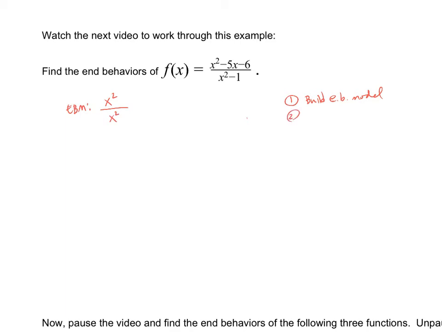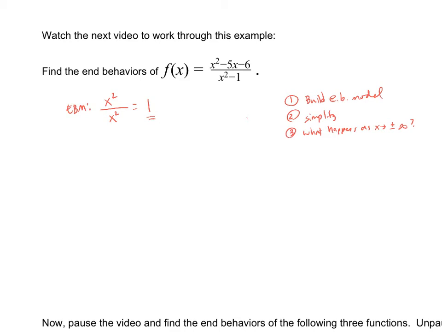Now, once we've built that end behavior model, we're going to simplify it. Because now we have a monomial over a monomial, so we have things that can cancel. This is basically x times x over x times x, so that simplifies down to 1. Then we're going to ask ourselves a question. What happens as x approaches an infinity? Well, my end behavior model is 1, and as x gets bigger and bigger or more negative, 1's not going to change value.